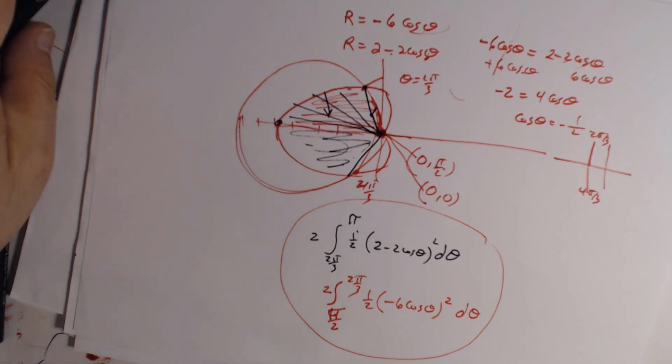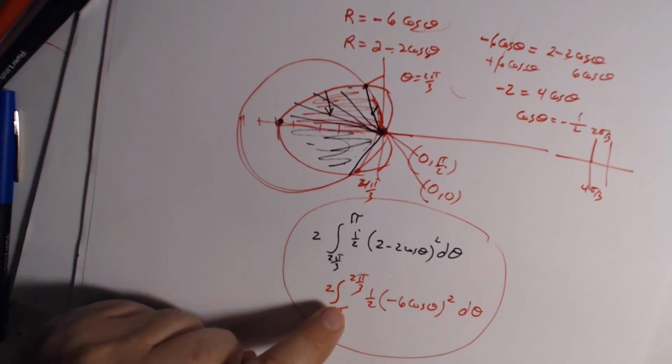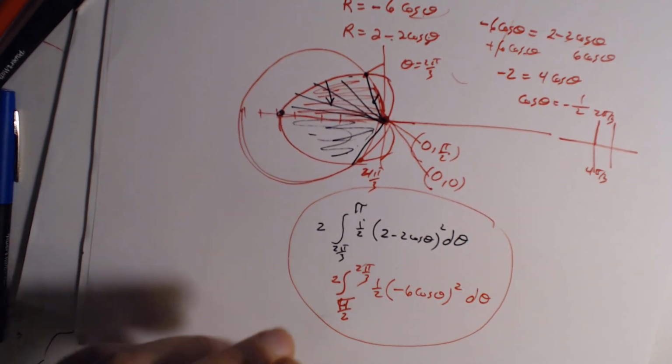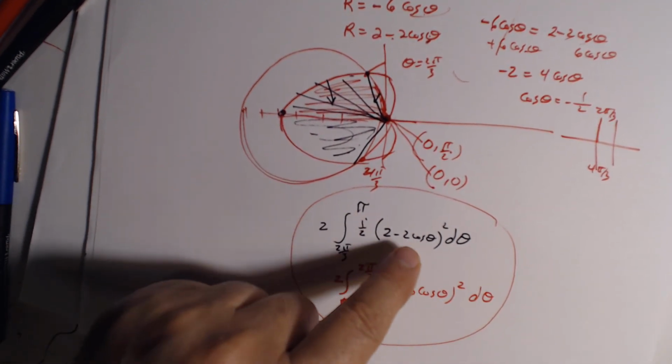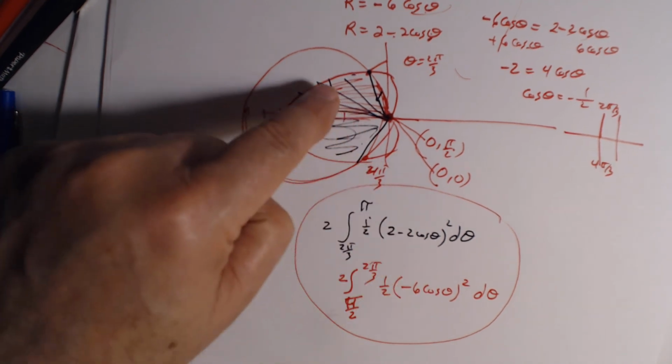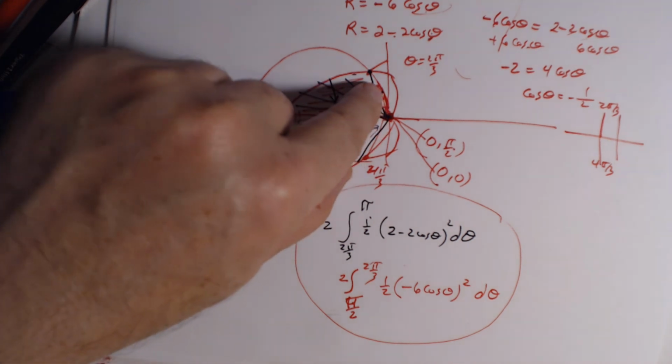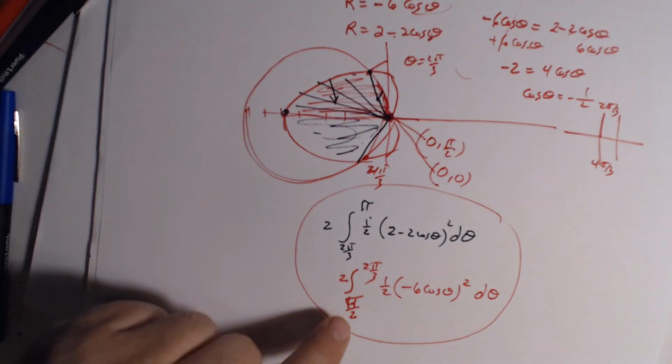You need to be very careful. When you do this lower limit and upper limit, that must belong to that r. Whatever r you are using, you must have the corresponding limits. Therefore, if that r is a cardioid, you use those angles. This is a circle right here, so you have to use the circle.